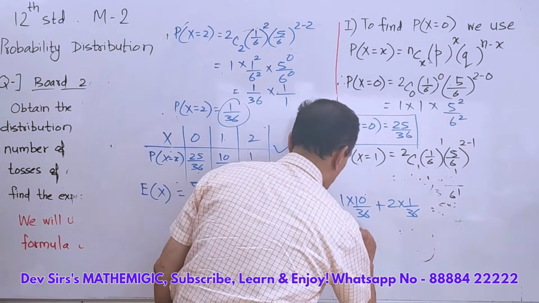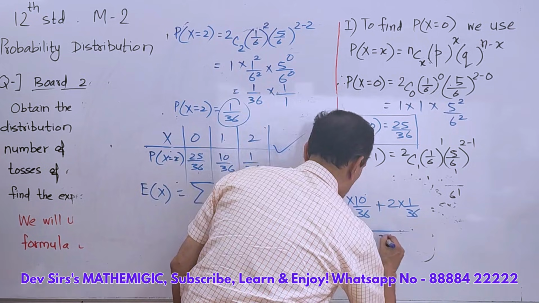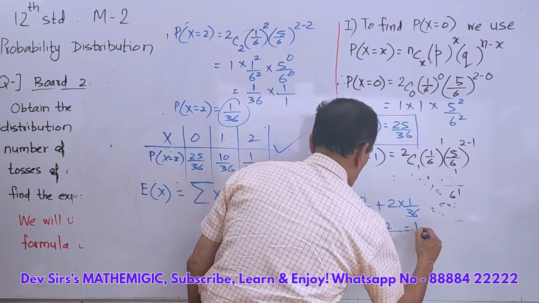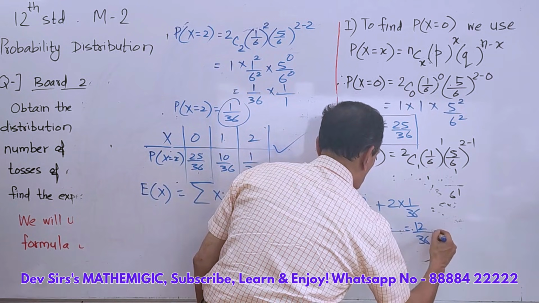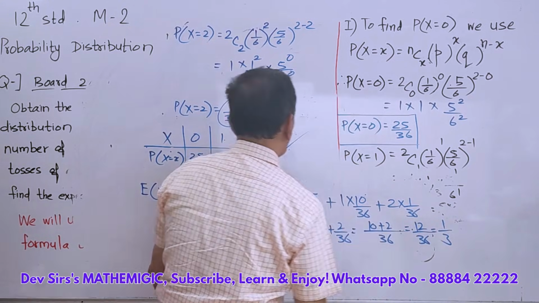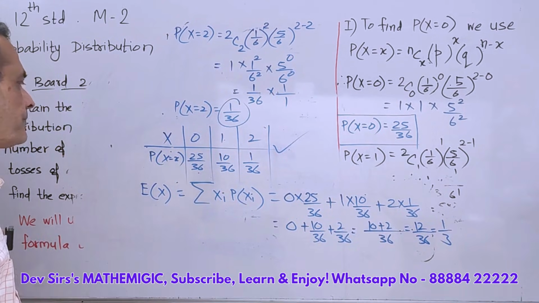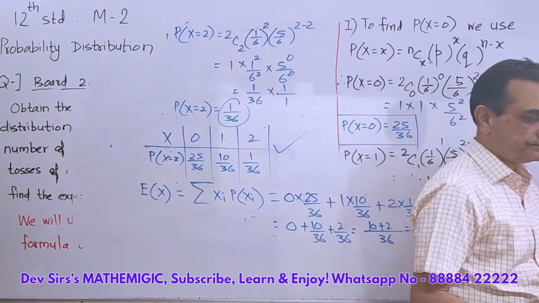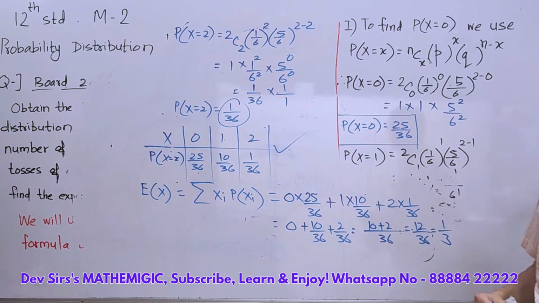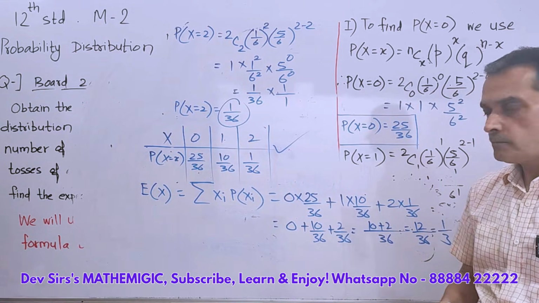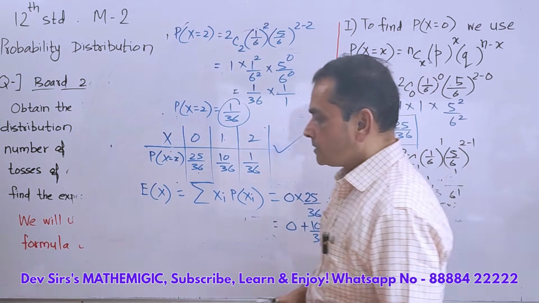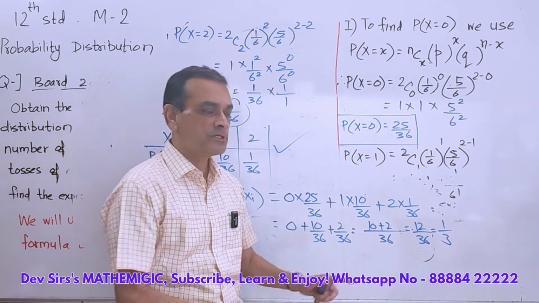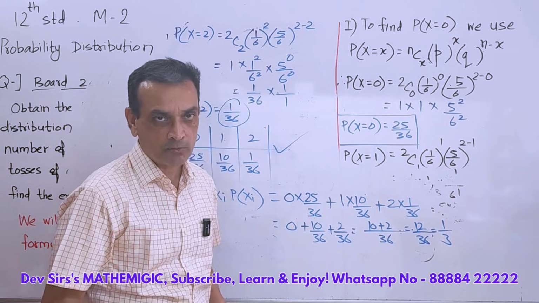Become simpler to find the LCM. 10 plus 2. 1/3 is the answer. That is the expected value. Followed? Quite simple. So we have seen how to prepare a probability distribution table using binomial formula, binomial distribution.